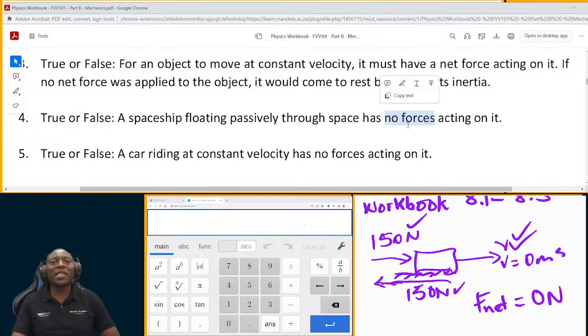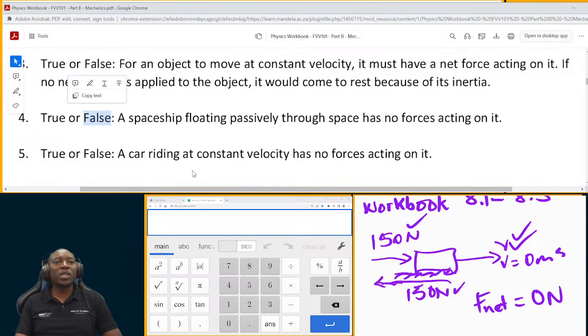They're still there, but there's actually no net force. So with this question, you have to be careful. No forces is different from no net force. The forces are still there because it's still in a gravitational field. So yes, I think that is the correct answer to take.